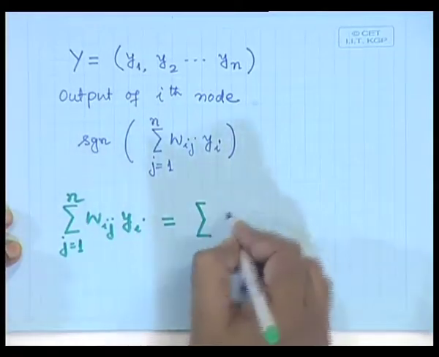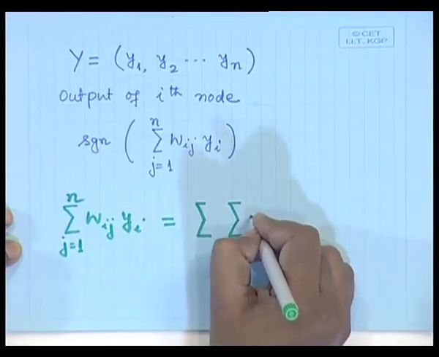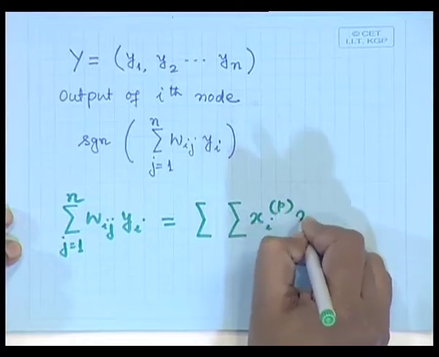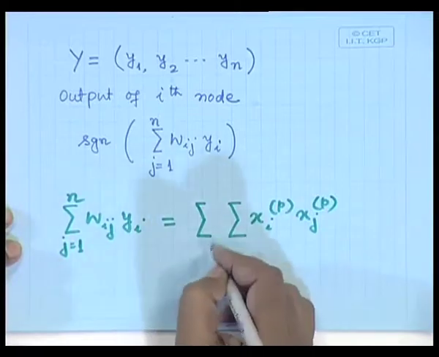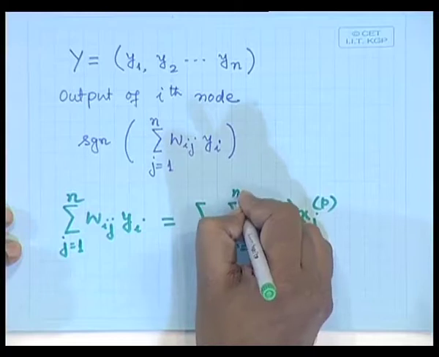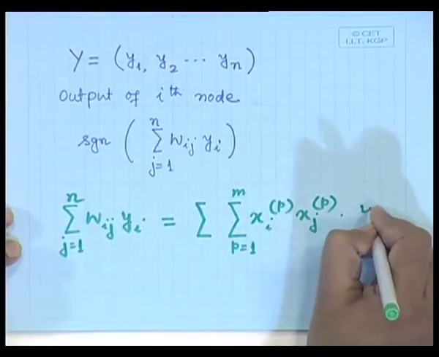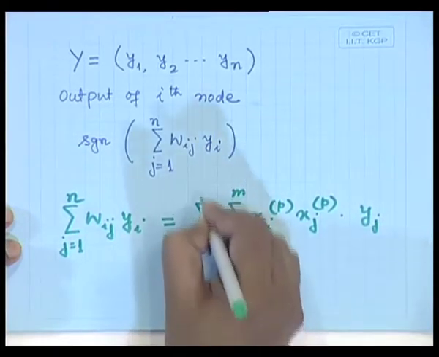What is this w i j? w i j is the sum of x i p into x j p, where p varies from 1 to m, if I have m number of patterns, times y j, where j varies from 1 to n.